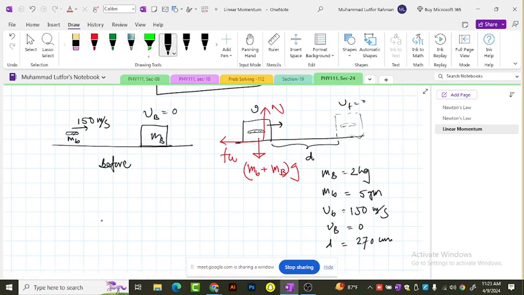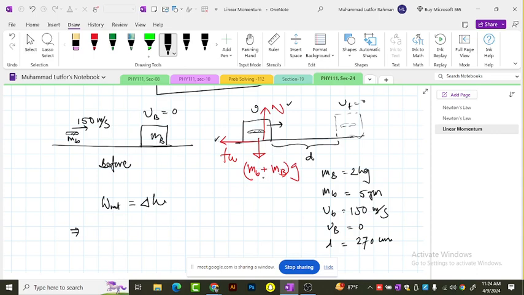Now to find that frictional force, I'm going to use the work-energy idea. The formula I'm going to use, I'll write down. The net work done should be simply the change of kinetic energy, right? Net work done means work done by the gravitational force, work done by the normal reaction force, and work done by the frictional force.